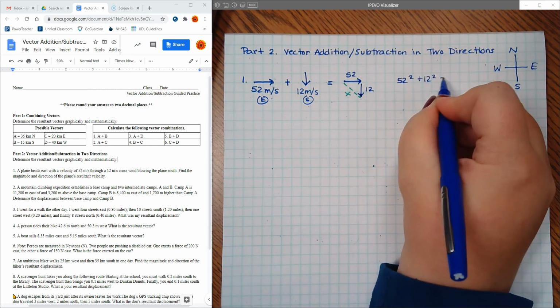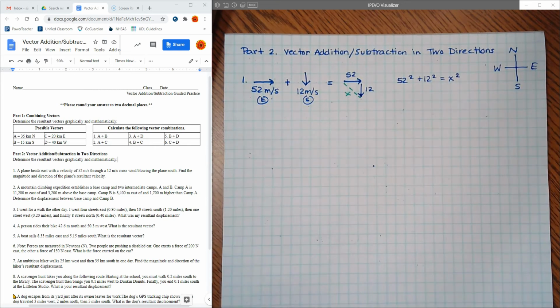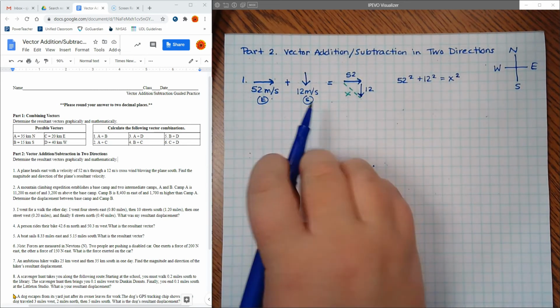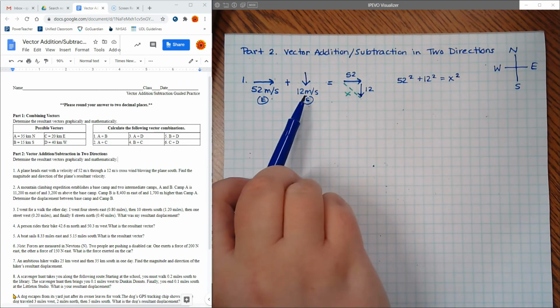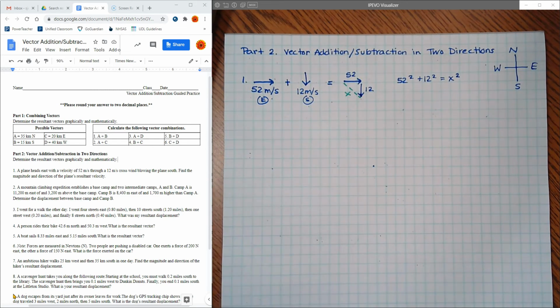I did get rid of the units because I honestly just don't feel like writing them over and over. The unit at the end will still be meters per second. So I'm just going to tack that on at the end.